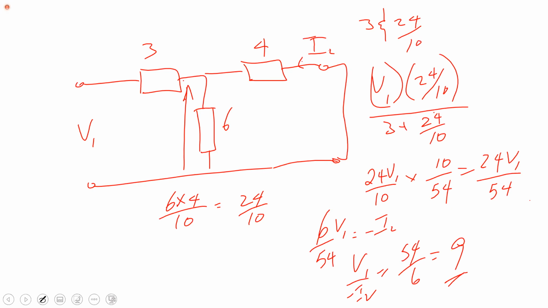For D, I don't know where I got this 6 in parallel with 9. Anyway, for D, it would be I1 over minus I2. So I would have I1 here, and I'm finding the current through here.